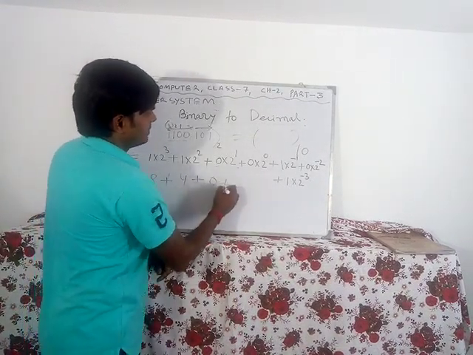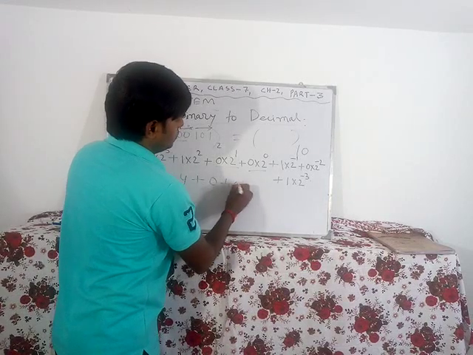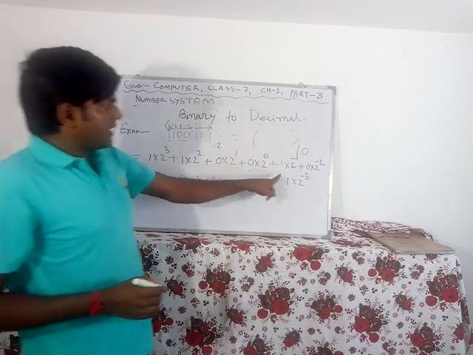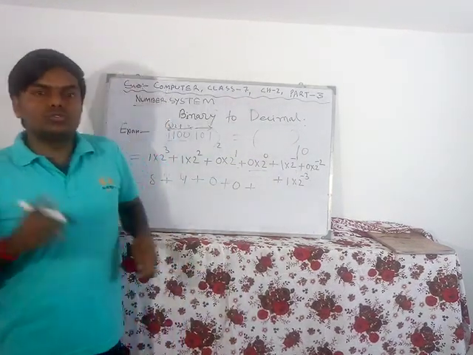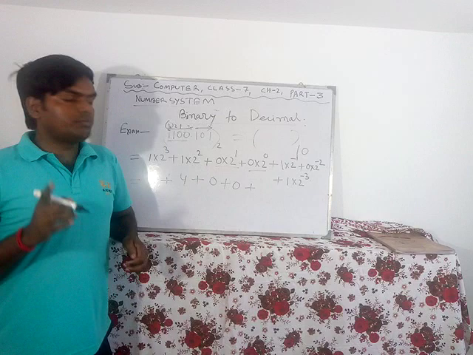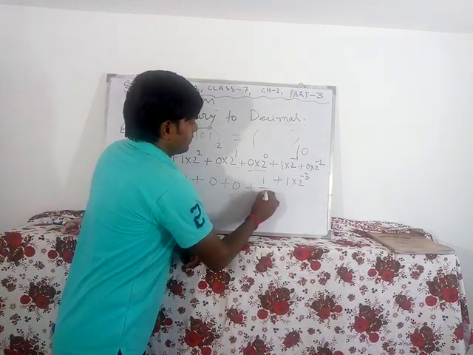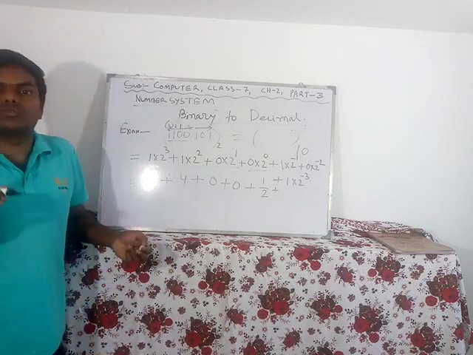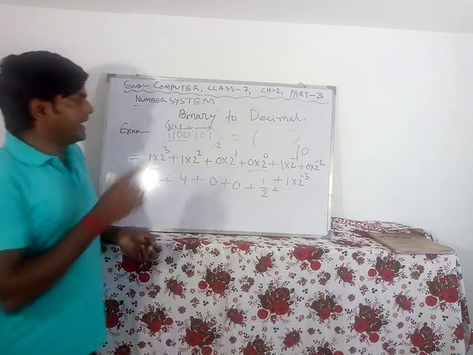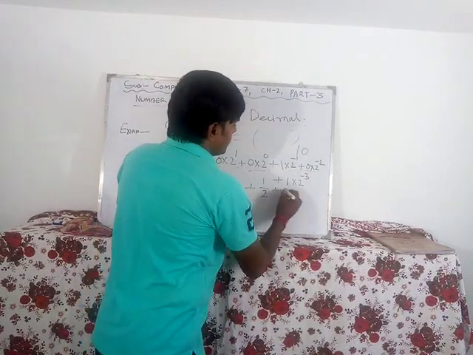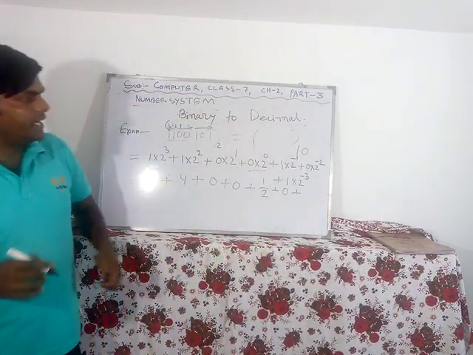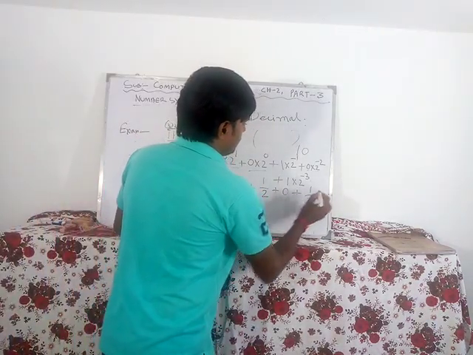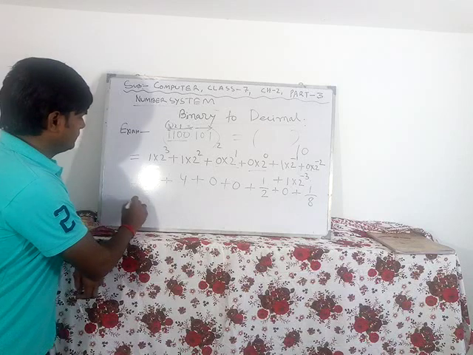Then plus 1 into 2 power minus 1 means 1 by 2. Next value is 0. Plus 1 into 2 power minus 3 means 1 by 8.